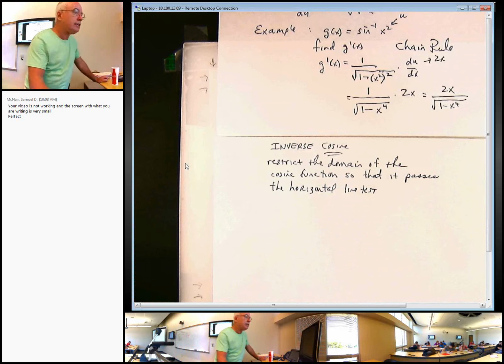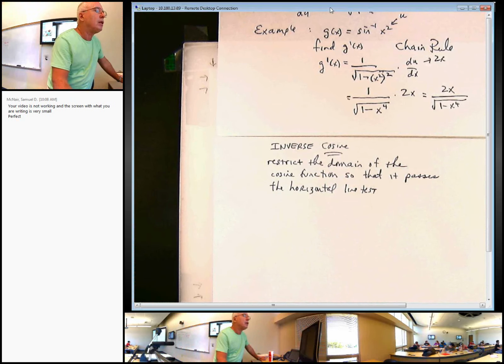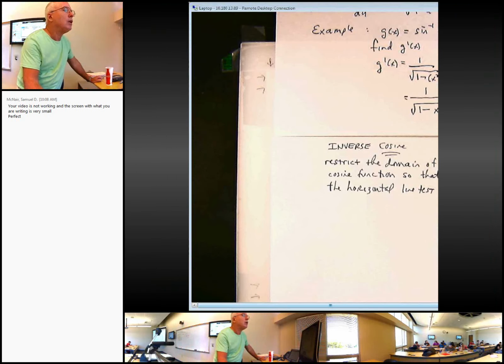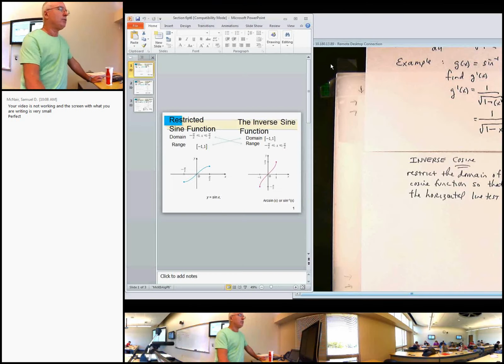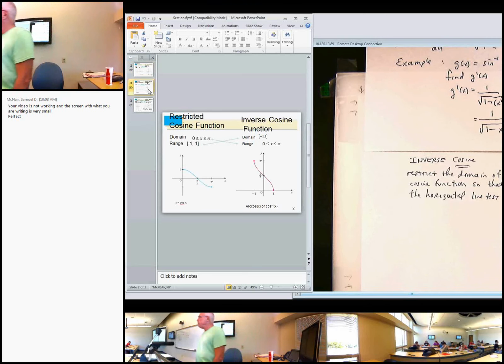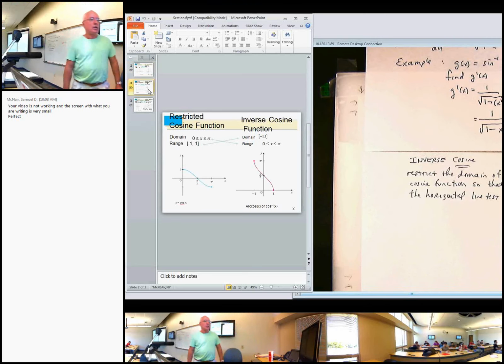Here's the PowerPoint. Now we are looking at the cosine function.